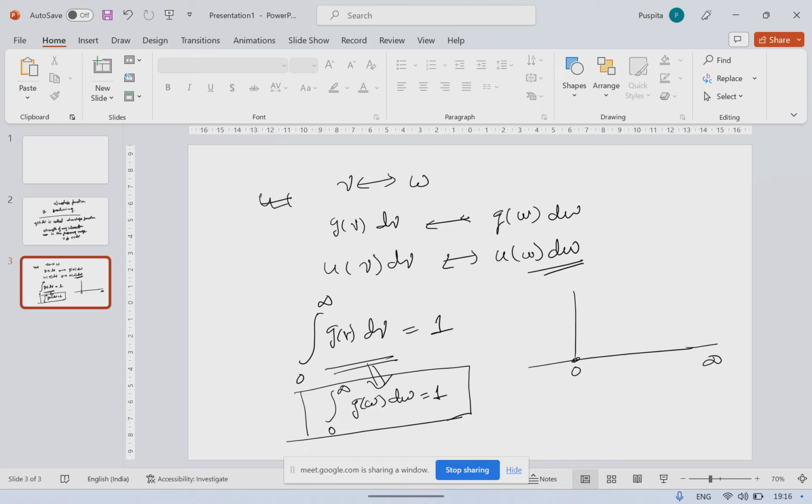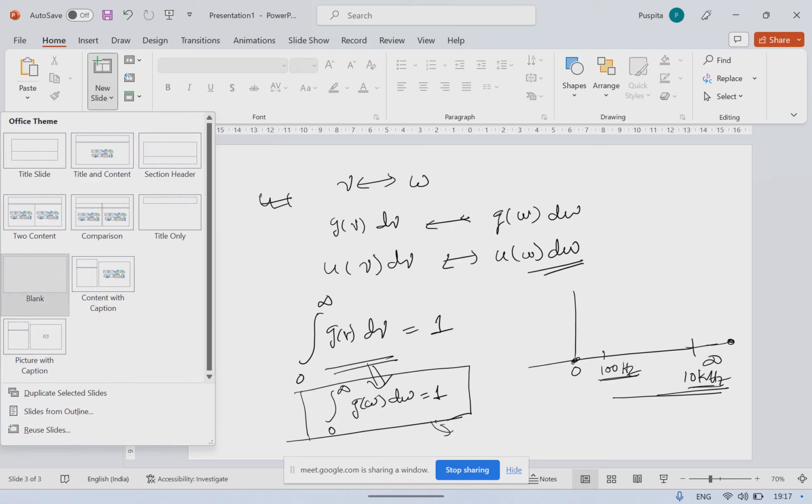At any frequency, the interaction will happen, whether it is 100 hertz, 100 kilohertz, or 100 megahertz, all fall between 0 and infinity. So the probability is 1, and from 0 to infinity, g omega d omega will be 1.